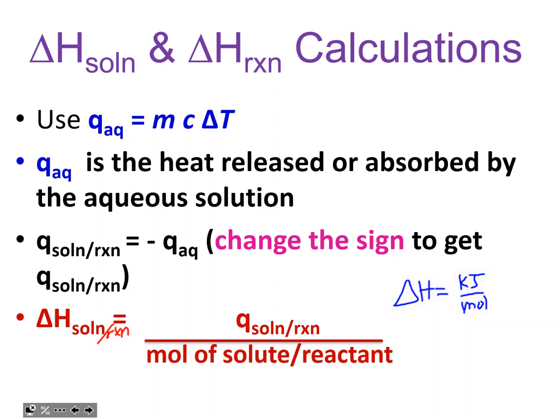Now, in order to calculate that, we have to divide it by the amount that was used in that particular reaction. So this is the fourth way. We have Hess's law, we have heats of formation, we have bond enthalpies or bond energies. This one is the calorimetry data. You use it to figure out the delta H from it. Okay?